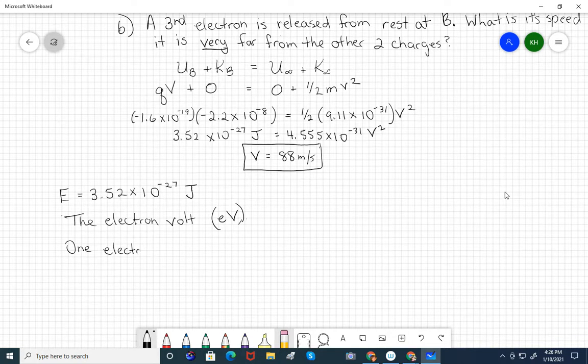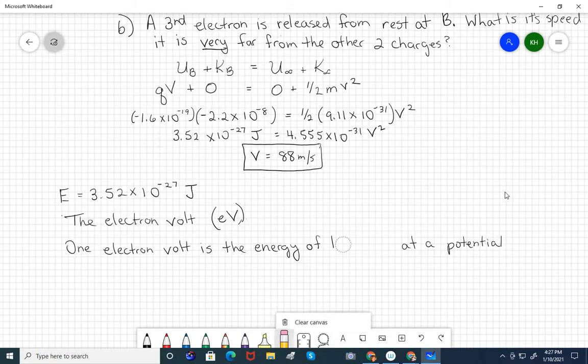One electron volt is the energy of one electron at a potential, let's change it from one electron to one proton, of 1 volt.